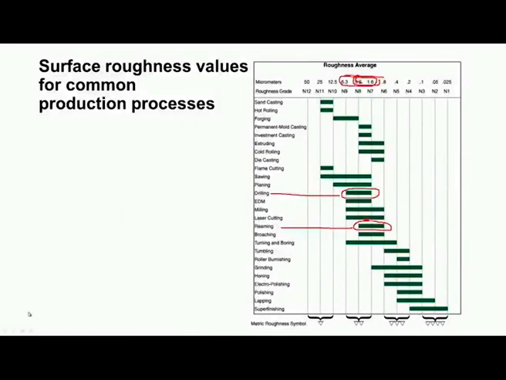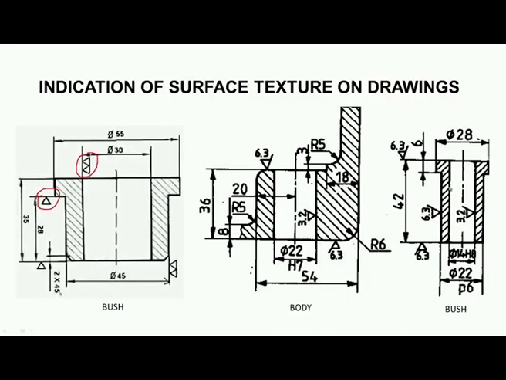So, two triangle grade means we can use machining operations like milling, drilling, planing. Such machining operations can be used to produce the two triangle finish. Okay, so like this we can indicate the surface finish on technical drawings.